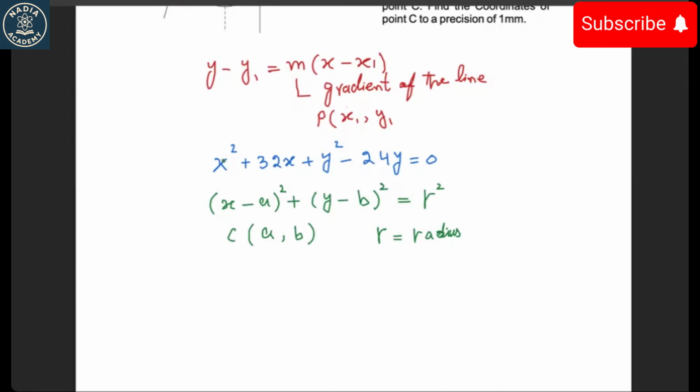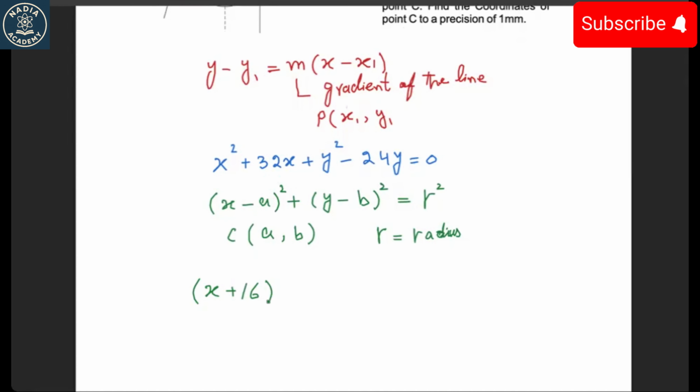So the rule is that we have x squared, there is no coefficient, and we have the x term, then the square will be, as we learned in quadratic equations, x plus half of 32, which is 16.